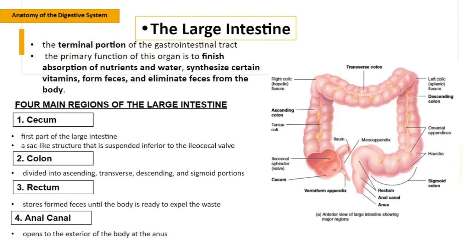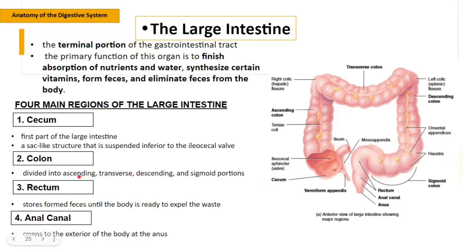And your large intestine also is subdivided into 4 major regions, which is number 1, the cecum, which is the first part of the large intestine closest to the small intestine. Here is the cecum. It is a sac-like structure that is suspended inferior to the ileocecal valve.